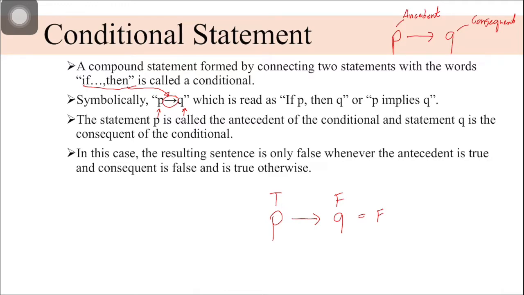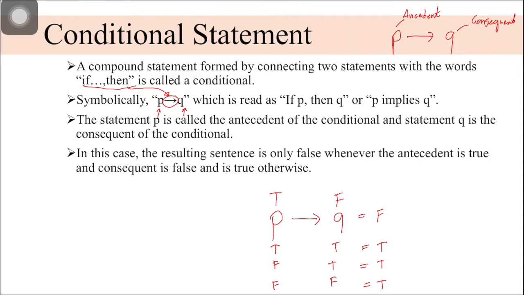The antecedent is the P. So if your antecedent is true and your consequent is false, then the resulting sentence is false. Otherwise, it is true. So if P is true and Q is true, the answer is true. If P is false and Q is true, then the resulting sentence is true. If both are false, then the resulting sentence is true.